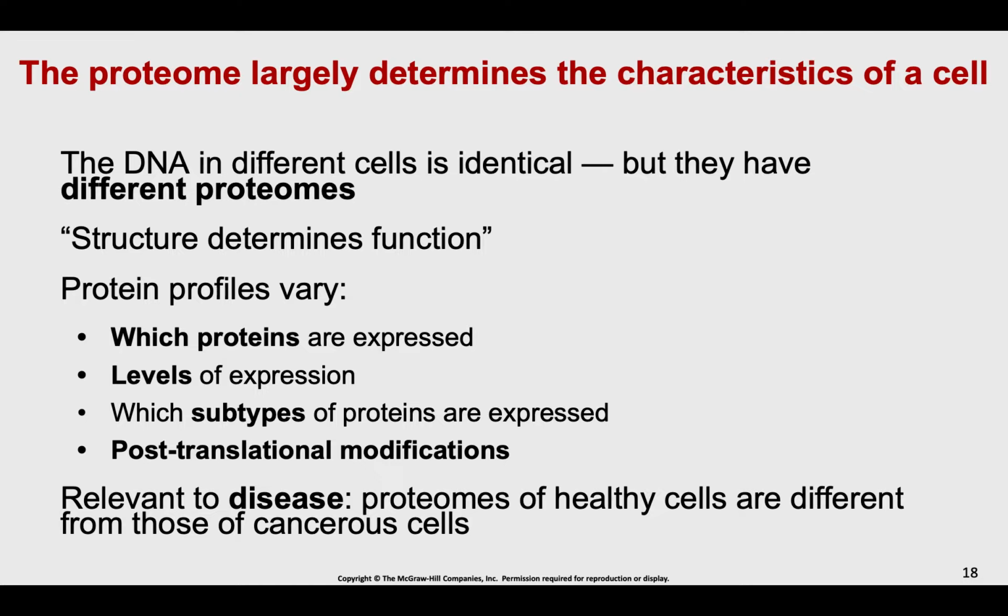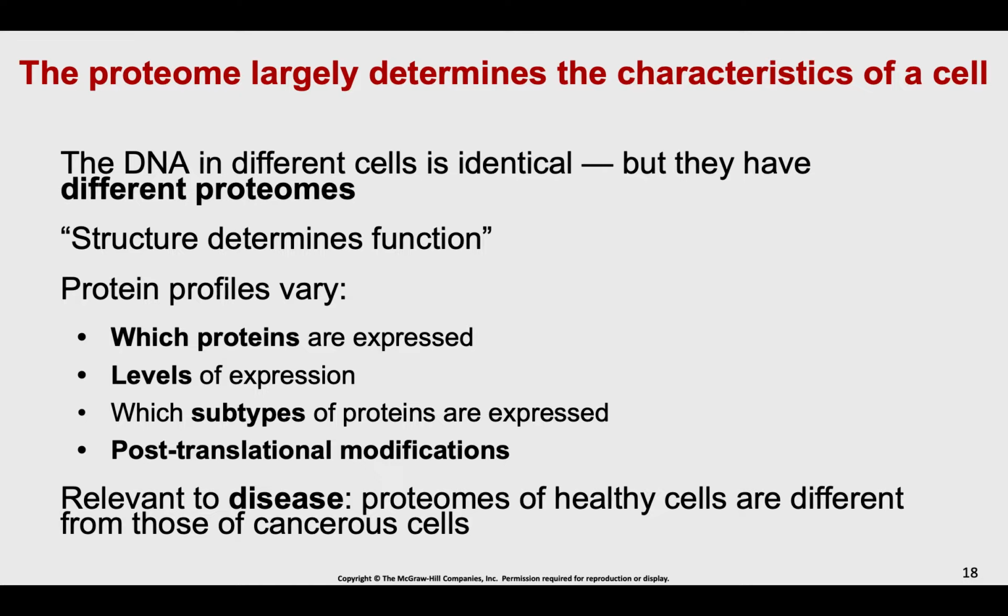We have the same DNA in every single cell in our bodies. But they have different proteomes. A proteome is the complete protein composition of a cell or an organism. So proteome is describing the proteins you have within each cell, basically.